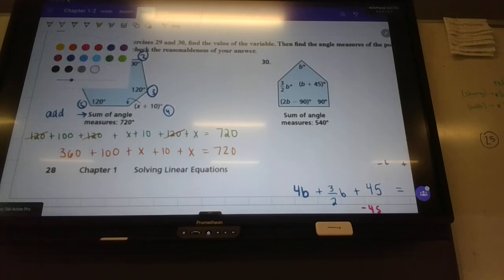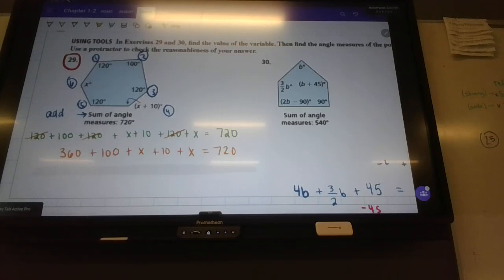You can add them all up at once. I'm just kind of doing it by hand. So far, I put the 120s together. Now I'll do the 100 and the 10 together. And I'll also add the x's together. Actually, let's just do 360, 100, and 10 all together.